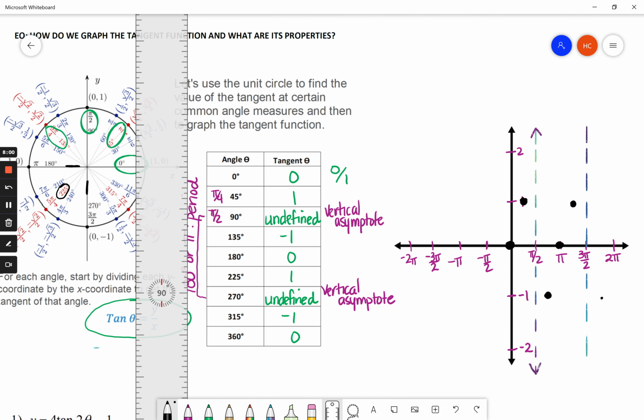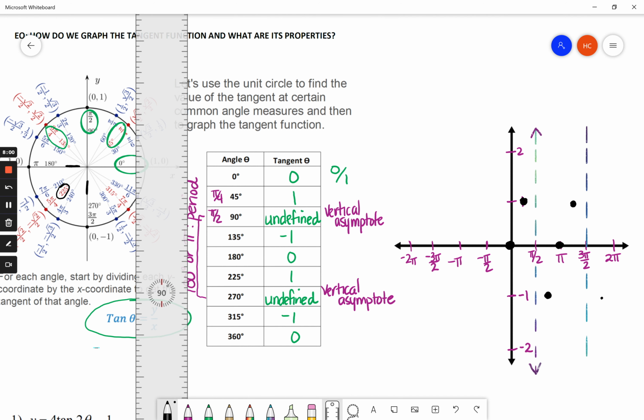So how can we take this information to help us graph our transformed graphs, knowing what our tangent graph looks like. So again, this here is y equals tangent theta. That's what this graph is all about. Okay, so one thing I want you to notice about this graph is that unlike the sine and cosine graph, the tangent function has no min or max value.